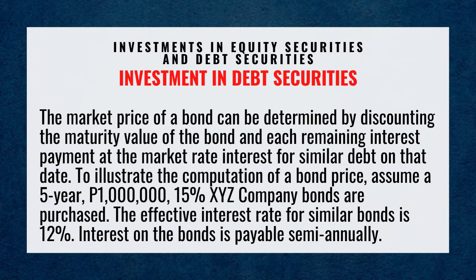To illustrate the computation of a bond price, assume a 5-year, 1 million pesos, 15% XYZ company bonds are purchased. The effective interest rate for similar bonds is 12%. Interest on the bonds is payable semi-annually.